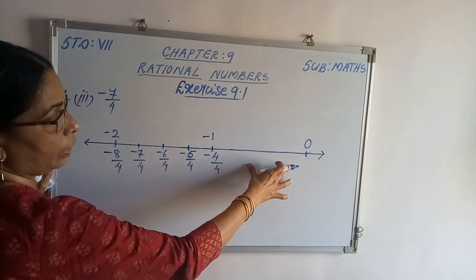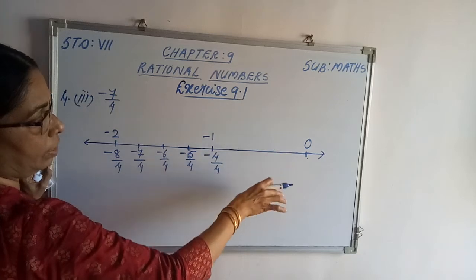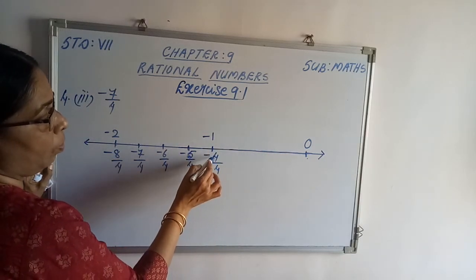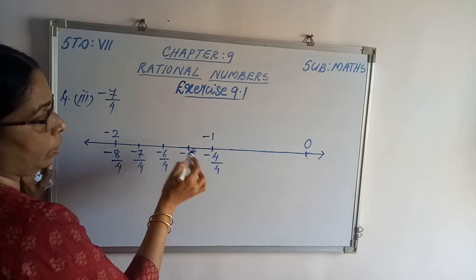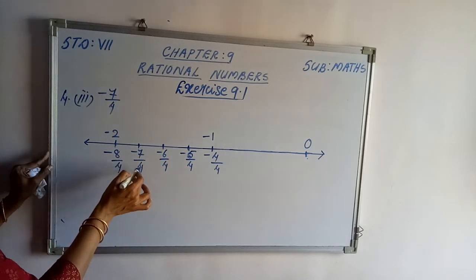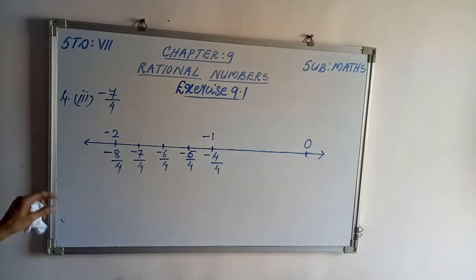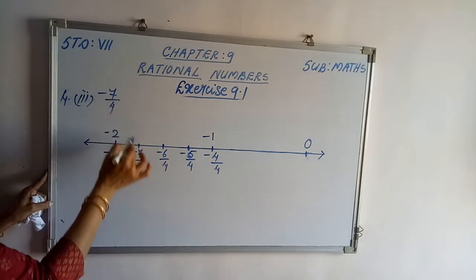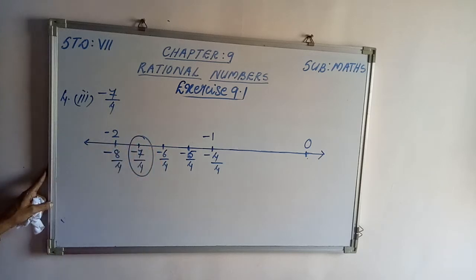I have not marked any rational number in between 0 and minus 1. Minus 1 can be written as minus 4 upon 4. Then minus 5 upon 4, minus 6 upon 4, minus 7 upon 4, minus 8 upon 4. But minus 8 upon 4 is minus 2, and we have to represent minus 7 upon 4. This is the rational number that you have to represent. In a similar way, we can represent the fourth one, that is 7 upon 8. That you have to divide into 8 equal parts.